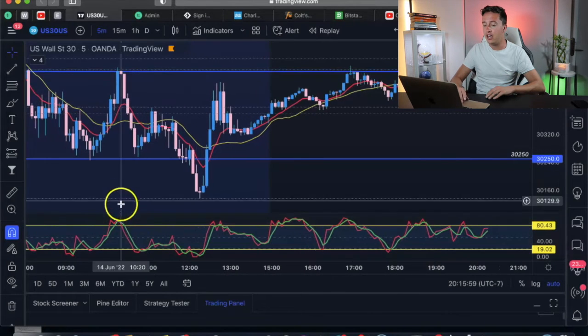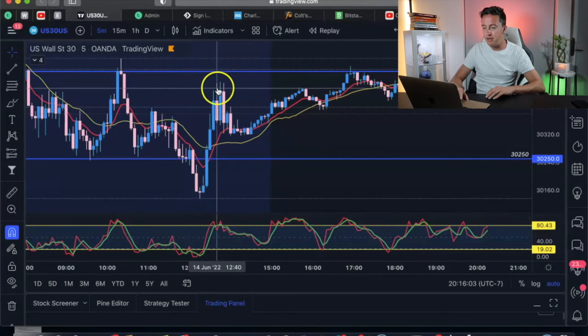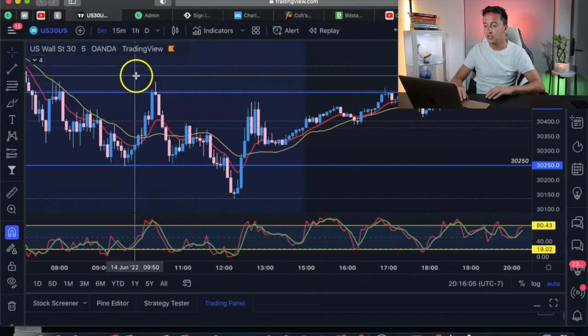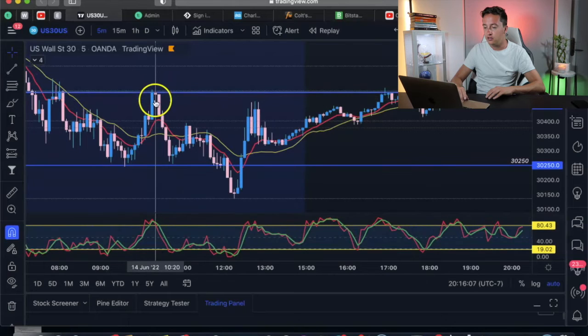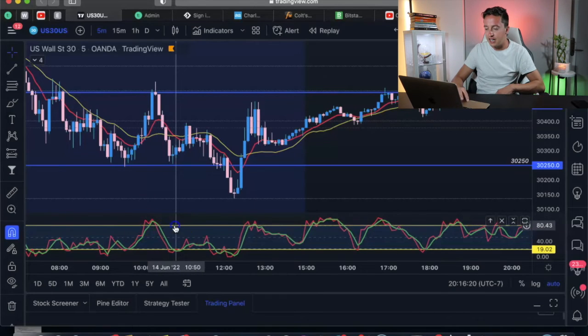And you guys can see whenever it's really overbought or oversold, really big moves happen right after that. So right here, during the New York session, we had a rejection of our psychological level of 30,500. We had a doji close. Also, look at the stochastics crossing over the 80%. Also with the stochastics, I literally added a horizontal line.